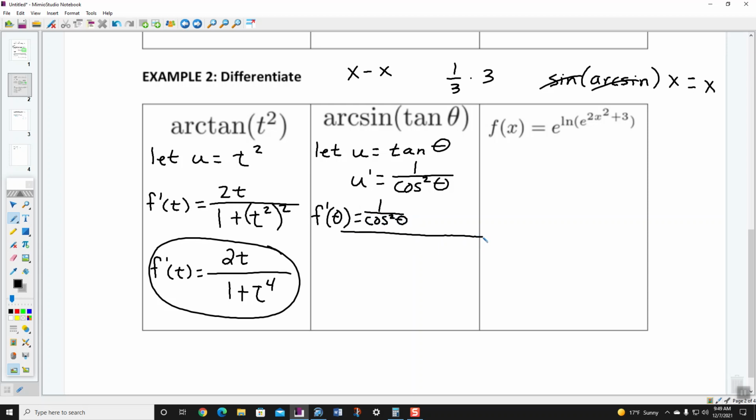It's 1, we're doing the inverse sine, kiddo. Oh, so the square root of 1 minus tangent squared of theta. Messy, isn't it?